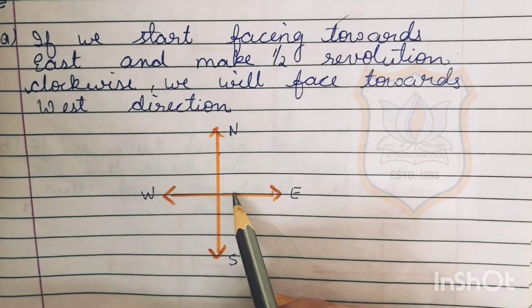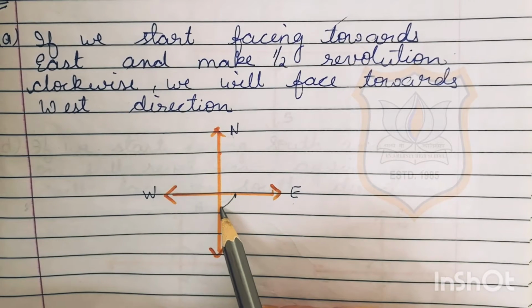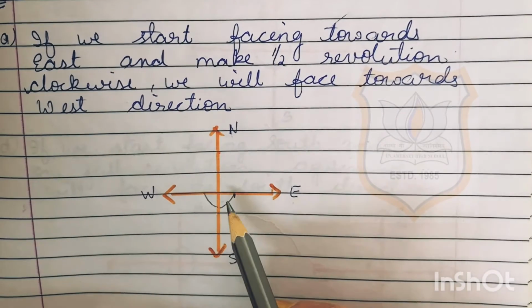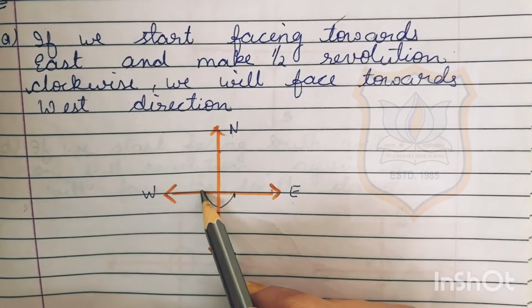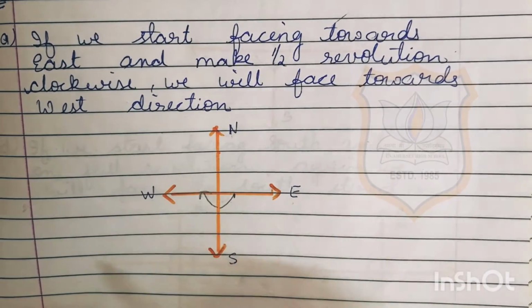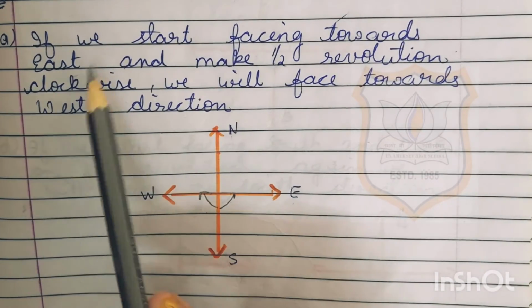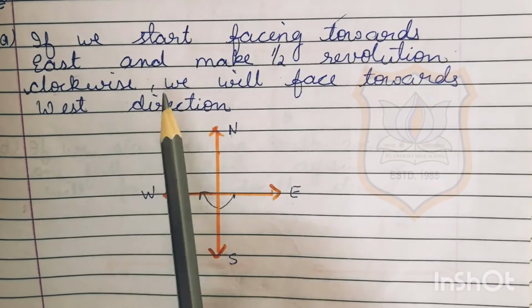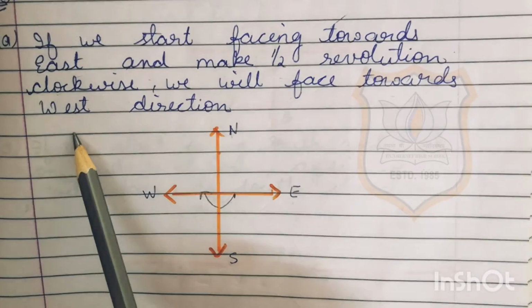As I've explained earlier, from east to south is 90 degrees, and from south to west is again 90 degrees. 90 plus 90 is 180 degrees, meaning half revolution. So if we start facing towards east and make half a revolution clockwise, we will face towards west direction.